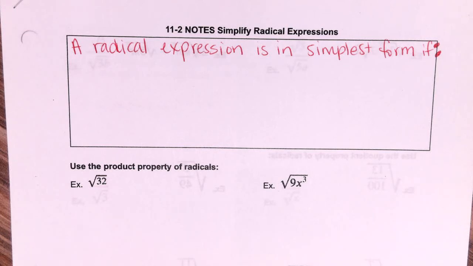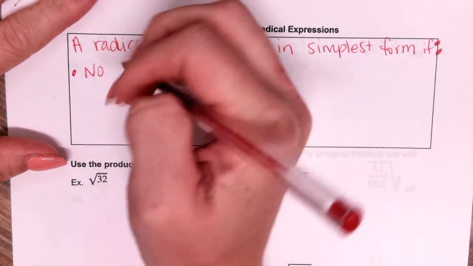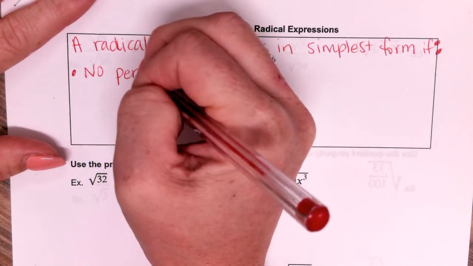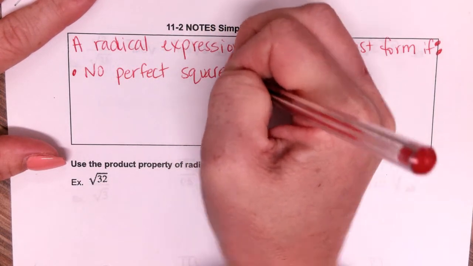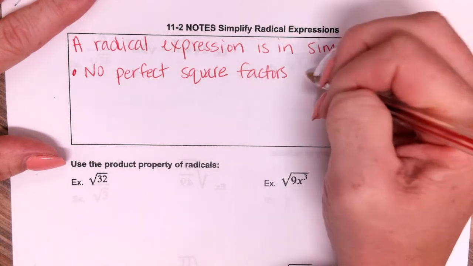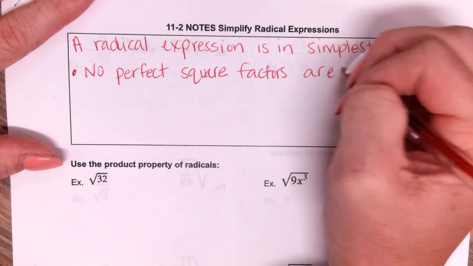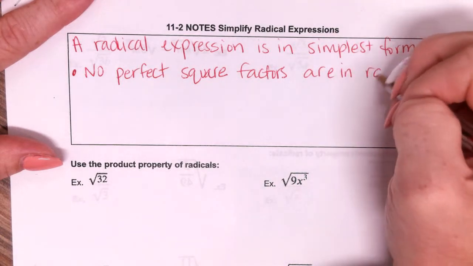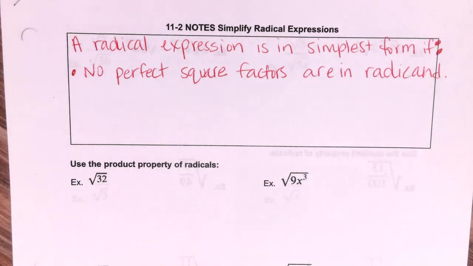How do you know? Well, first of all, there can be no perfect square factors in the radicand, and that's basically the radical.